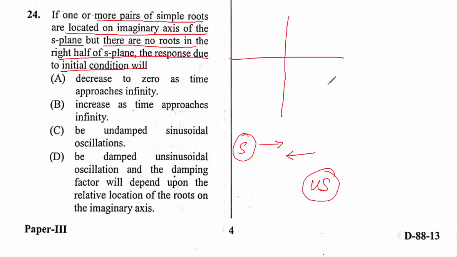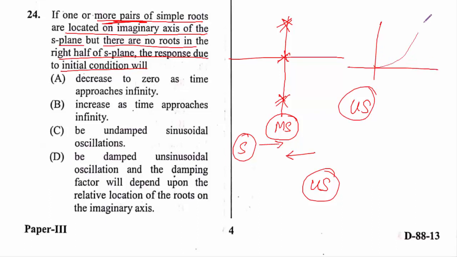But if you are having a simple pole, or a pair on the imaginary axis, then the system will be a marginally stable system. But what they have given is more pairs, nothing but multiple poles. If they are residing there, then directly you can tell the system will be an unstable system, and your response will be something like this.